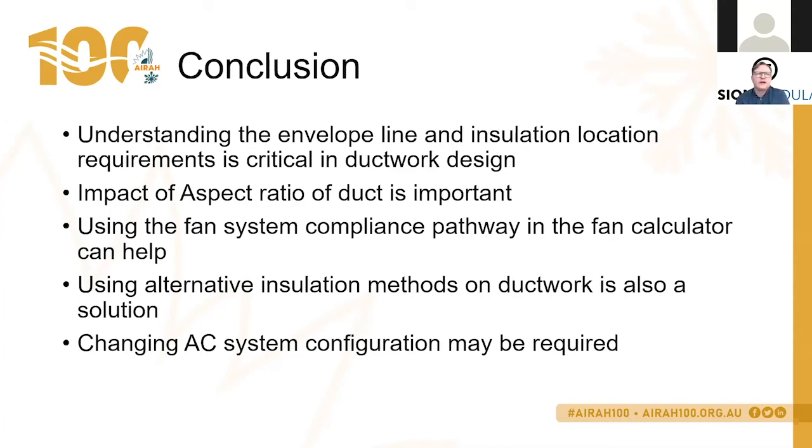All flex ductwork is R1. That's the clause now. It was simplified for 2019 because of requests by the industry and a push by AIRAH. So yes, R1 flex duct is it. That's it. R1 flex. All flex.